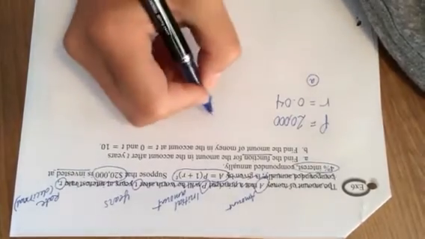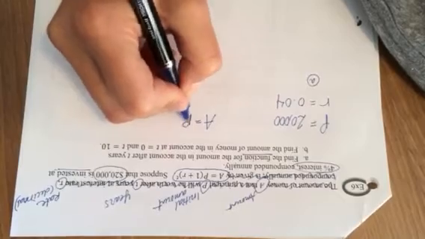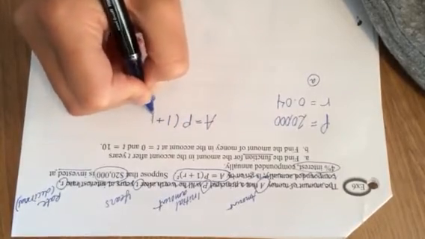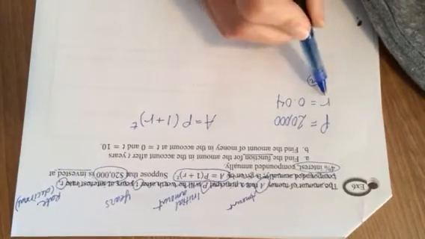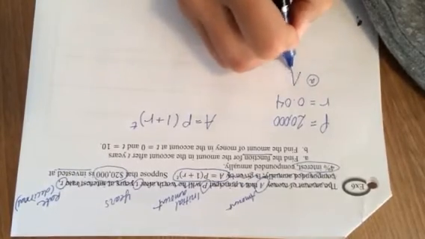So let's plug this in. I have A equals P times (1 plus R) to the T. I have a P value and an R value, so let's plug those in.